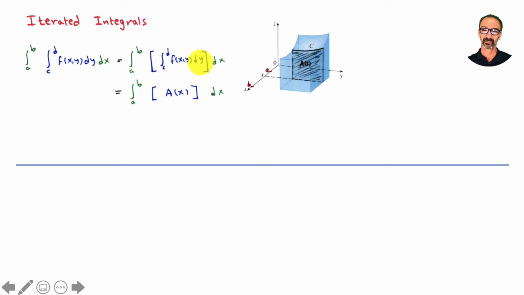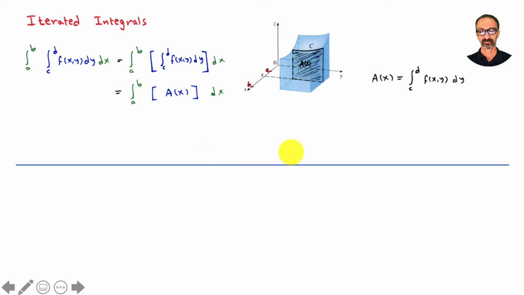Y changes. You slice it this way, and you go from c to d, and you find that A of x. Now A of x, when you go from a to b with respect to x, you are covering all the slices from here, here, here, all the way. And that should do it.